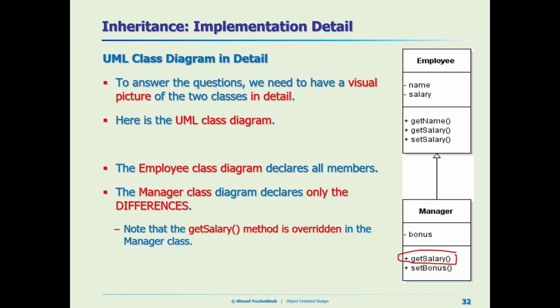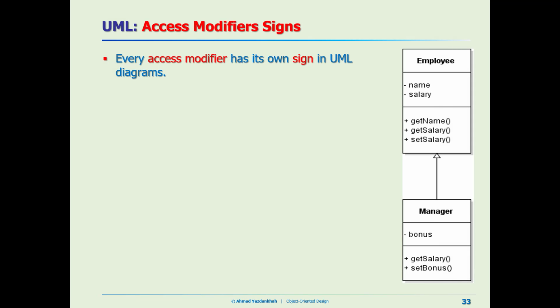All right, probably you're asking, hey, what are these pluses and minuses here and here, right? Okay, that's a valid question. Those are actually the access modifiers. You remember that we said we have four access modifiers: public, protected, package or default, and private, right?